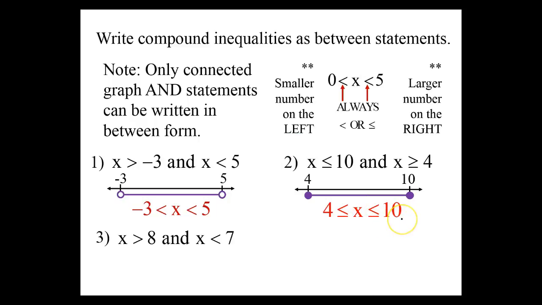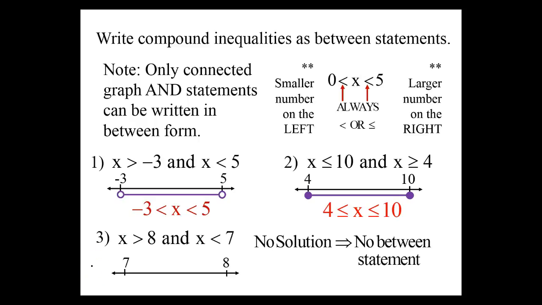Okay. Lastly, we have all the numbers bigger than 8, it's greater than 8, or smaller, less than 7. So if you think about it, is that something that will be a connected graph? So greater than 8 would be this way, and less than 7 would be this way. So this is not a connected graph.